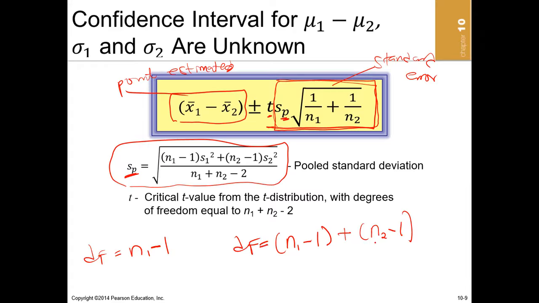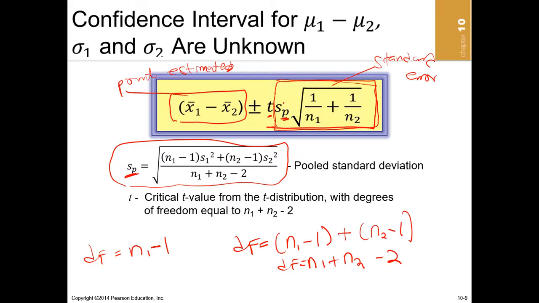Mathematically, this is sample size of group 1 plus sample size of group 2 minus 2. This will be the degree of freedom employed in reading the T table, okay?